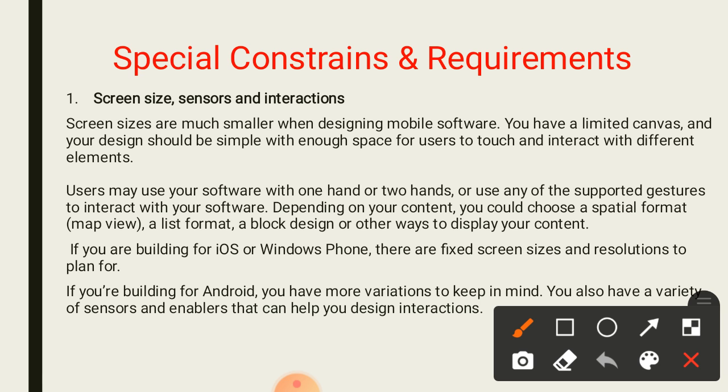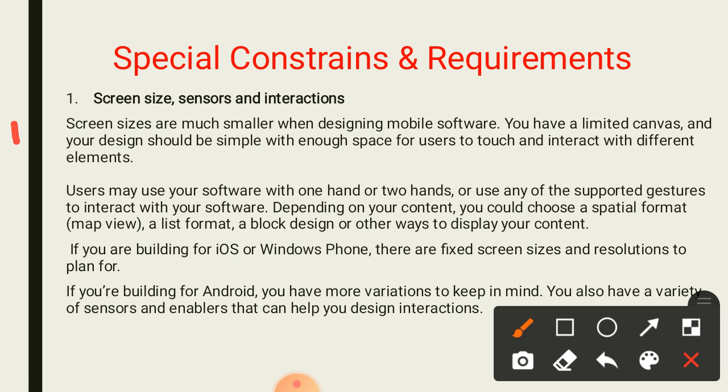Users may use your software with one hand or two hands, or may use supported gestures to interface with our software. Depending on your content, you would choose a special format, map view, a list format, or a block design, or another way to display our content.